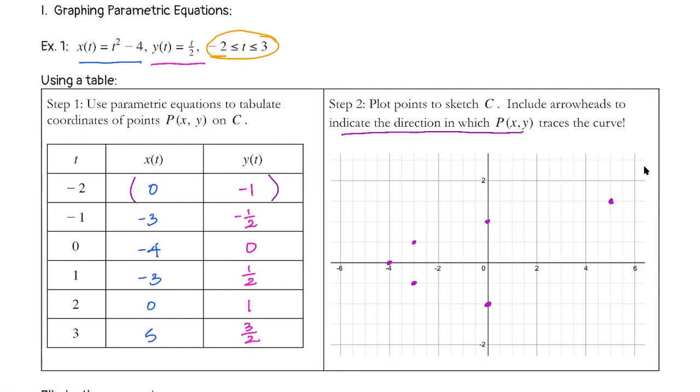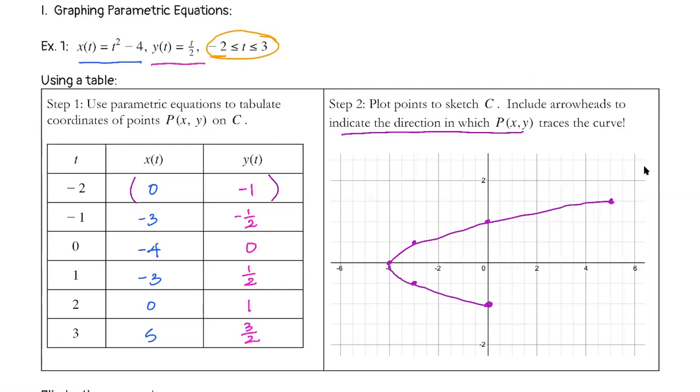So I started down here and went in this direction, and then I went here. Since that's the interval, I stop. I don't have arrows on both ends because that's the whole graph.